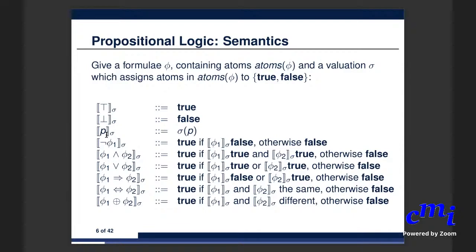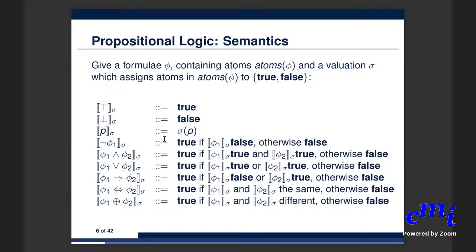So the truth value of the atomic proposition, which is constructed from a propositional variable P, can be either true or false. It depends on the valuation sigma in which you are interpreting that formula. So in this case, it's whatever sigma evaluates P to.